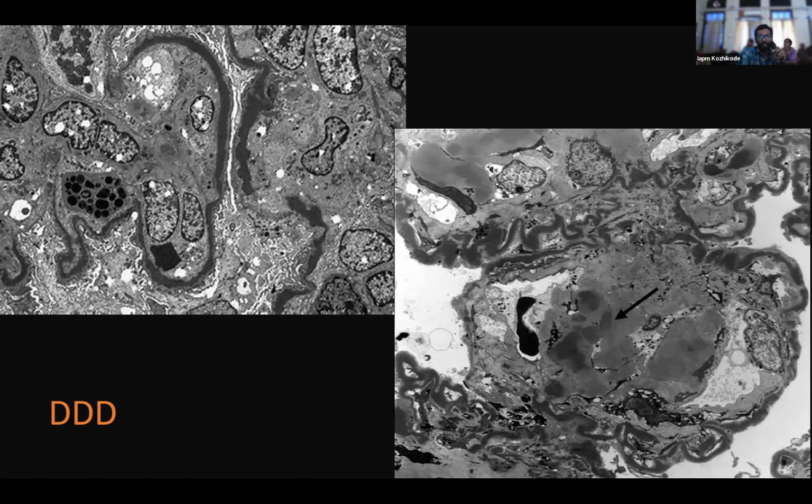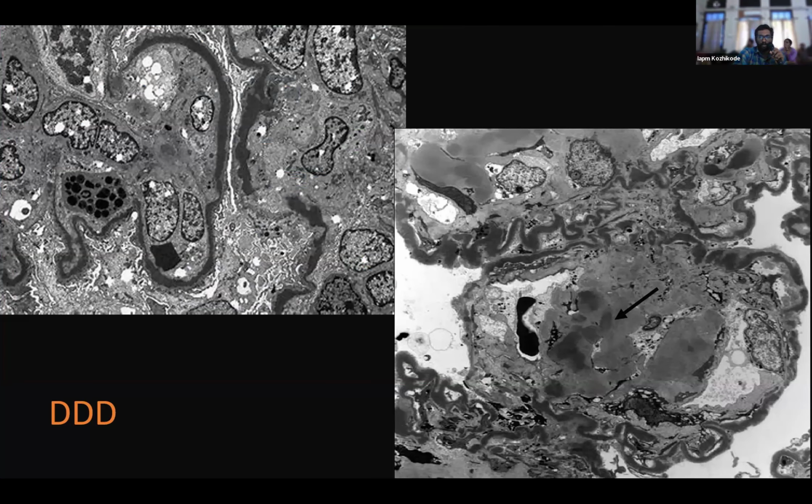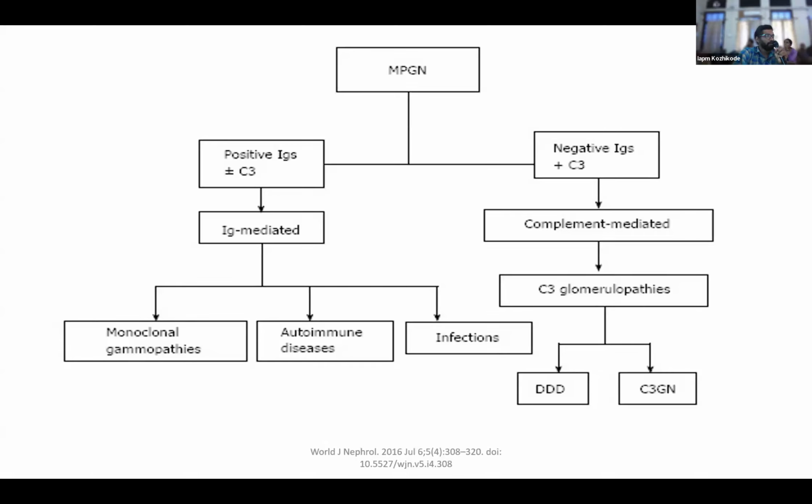So if you are seeing an MPGN pattern, the thing is very simple. Go back to your IF and see whether immunoglobulins are there. Then most likely you will be dealing with autoimmune disease, infection, or some monoclonal gammopathy. If the IF immunoglobulins are negative, you are most likely dealing with a C3 glomerulopathy.